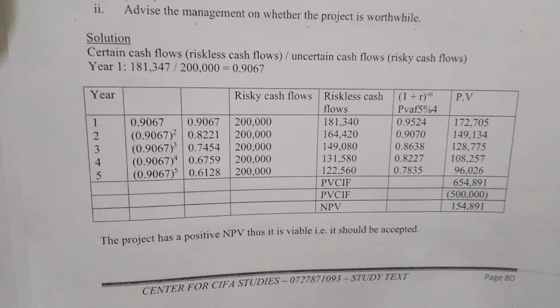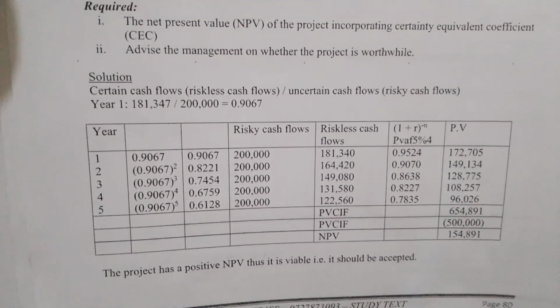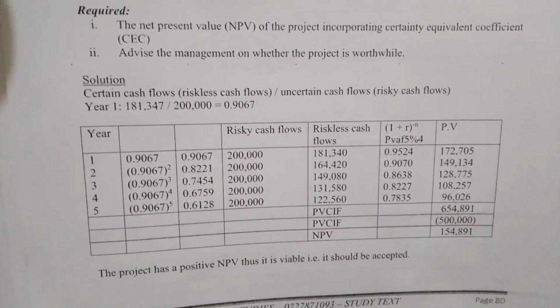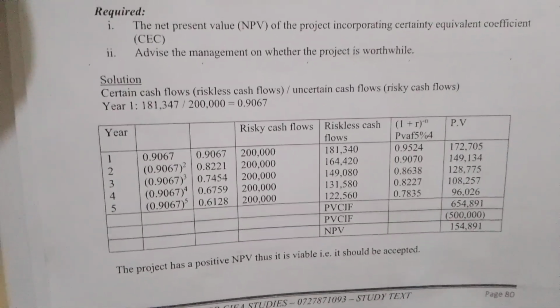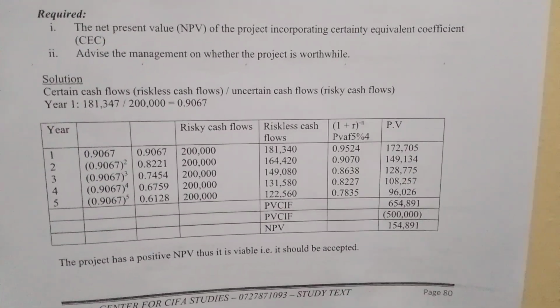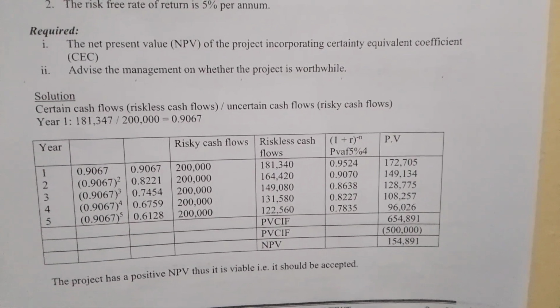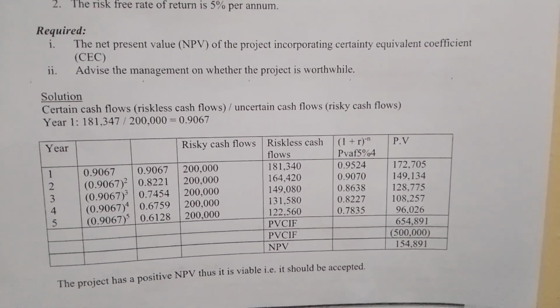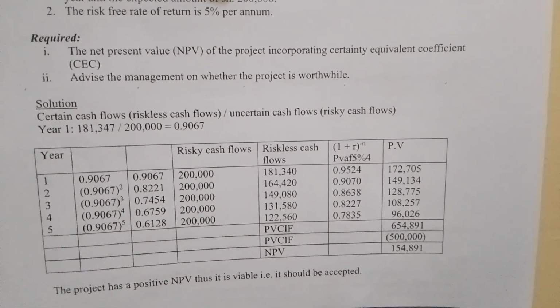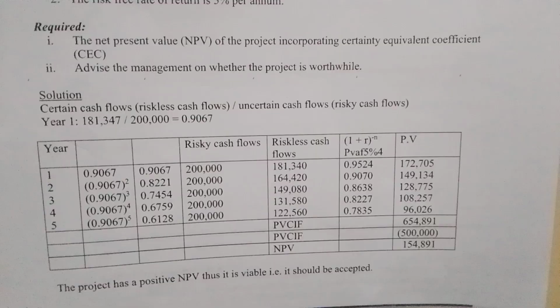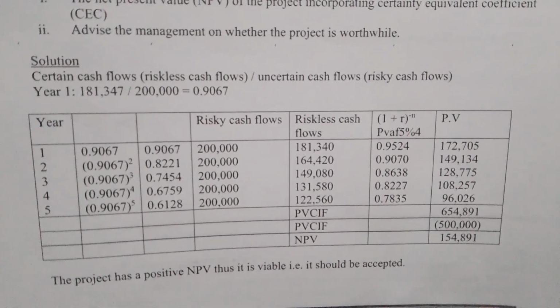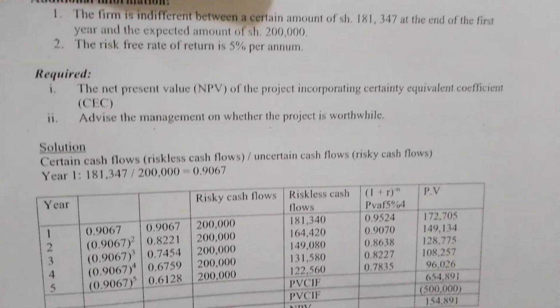A positive net present value means that if you initiate that project, it will increase the value of the firm by the same amount. A negative net present value implies that if you initiate that project, you will reduce the value of the firm by the same figure. So our solution is there.